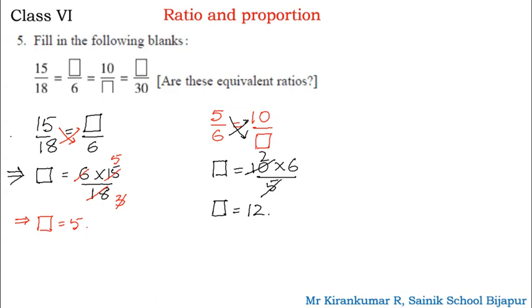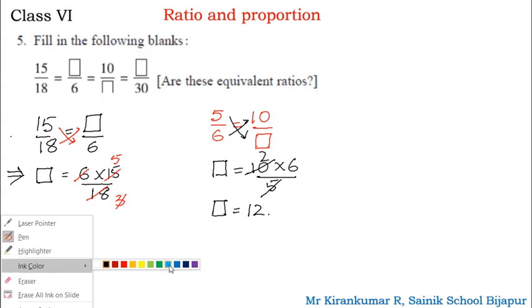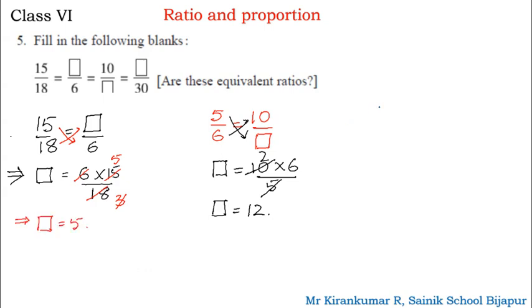Now let me consider 10 upon 12 equal to a missing number divided by 30. If you do cross multiplication, we get this missing number as 10 times 30 divided by 12.